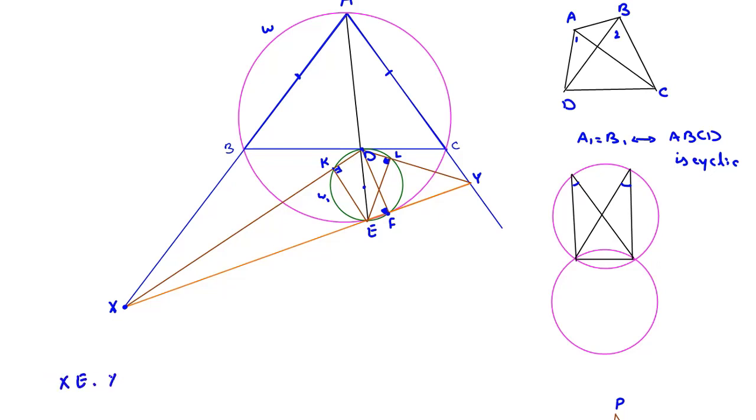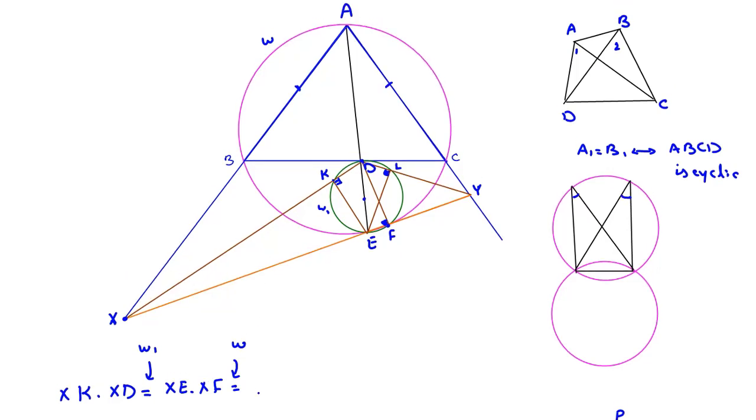XK times XD, let me start from XK to write it better, equal to XE times XF by using omega 1, this green circle. And if you apply omega, XE times XF is what times what? XB times XA. Okay?